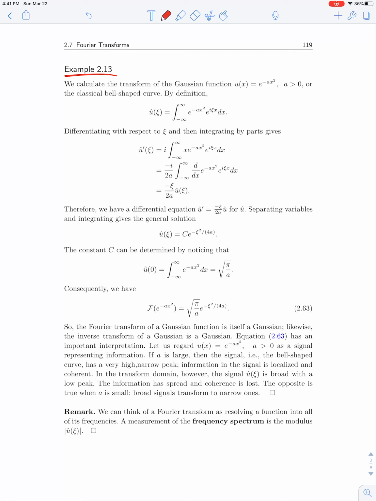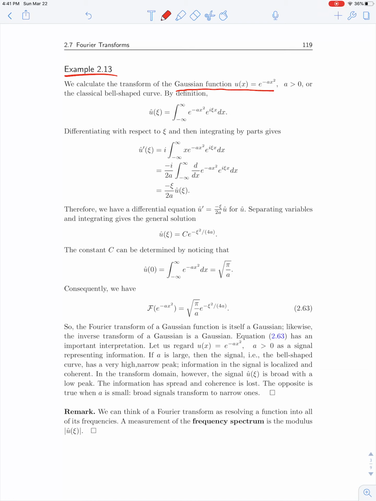That is, you want to compute the Fourier transform of the Gaussian function. You can do the computation by computing the square as before, and then you will be able to find the solution.